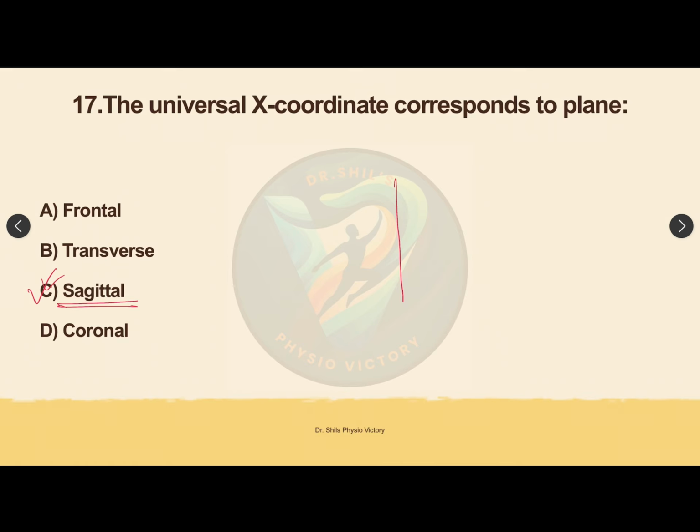So, generally, this is the universal x coordinate and this is universal y coordinate. This is sagittal and this is coronal.